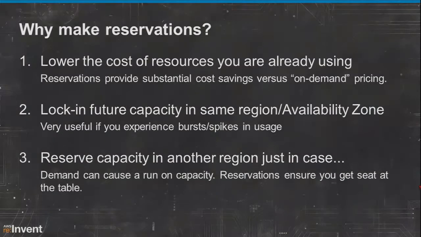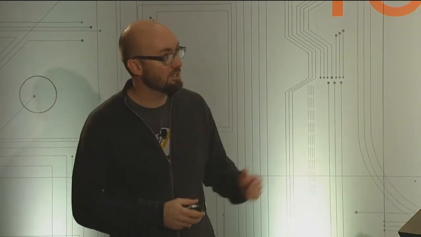Okay. So the third thing here is a newer trend that we've seen, which is reserving capacity in another region just in case. The scenario here is demand could cause a run on capacity in a particular AZ, and so you may find yourself needing to move from US East to US West. If you're in that boat, chances are other people are too.